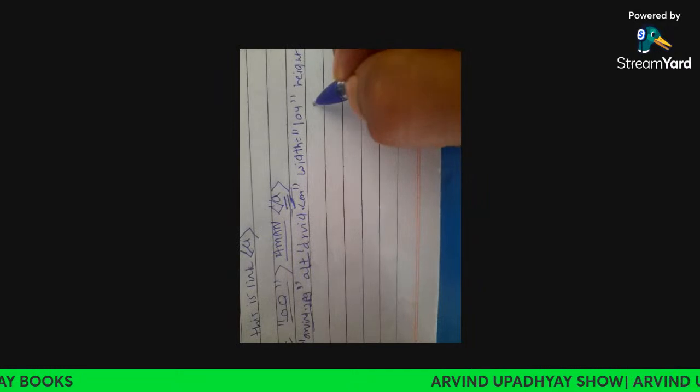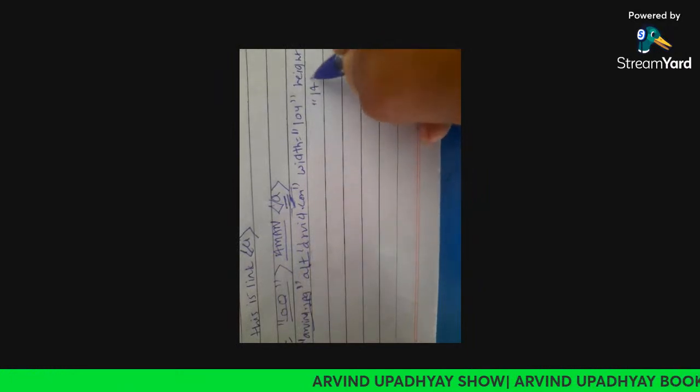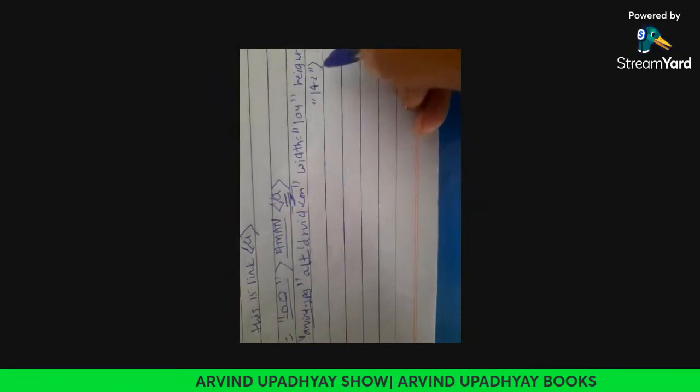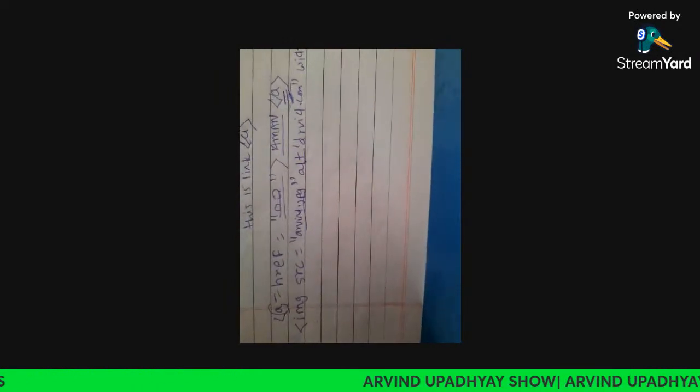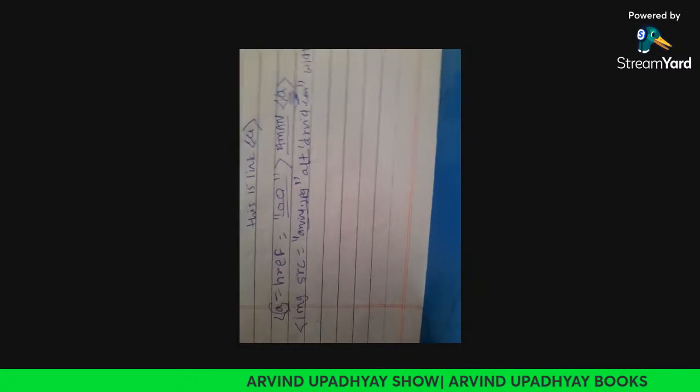For example I write 142, and close this one. So this is what you need to learn, and nothing else. This is what you require to know about how to add images.